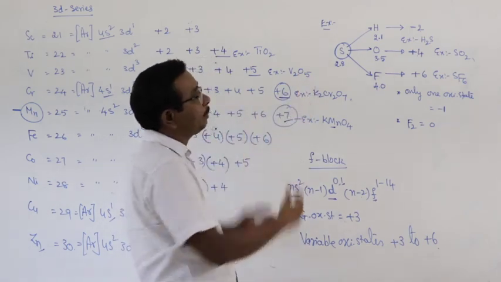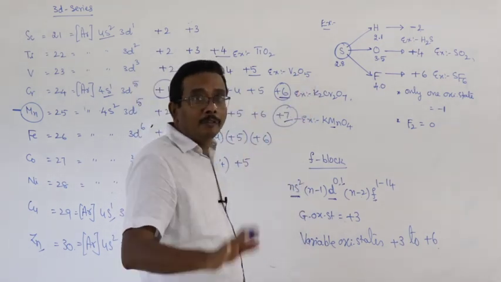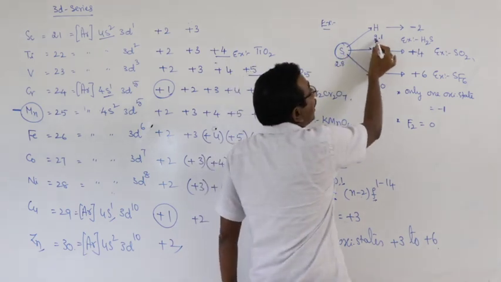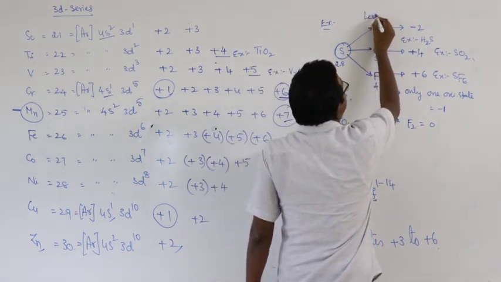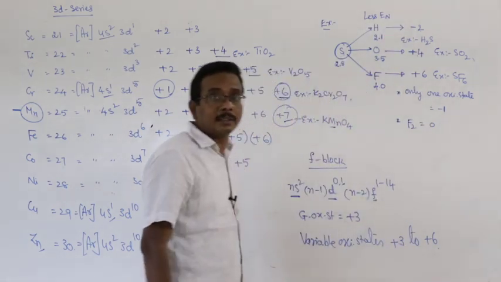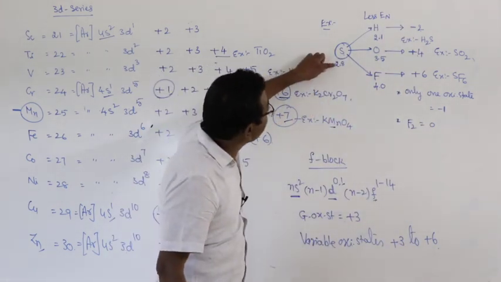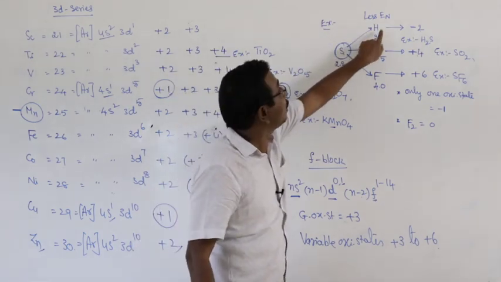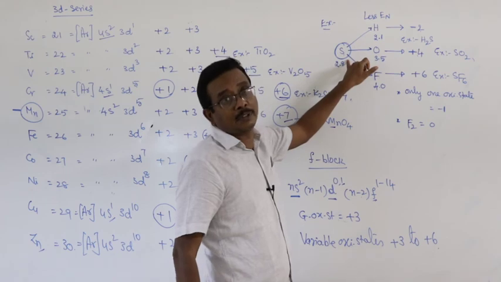Now we can make a statement. Electronegativity of sulfur is 2.8, hydrogen 2.1, which means the electronegativity of hydrogen is less than that of sulfur.